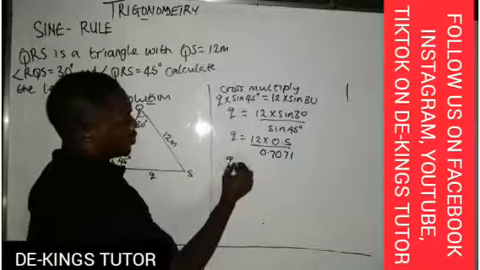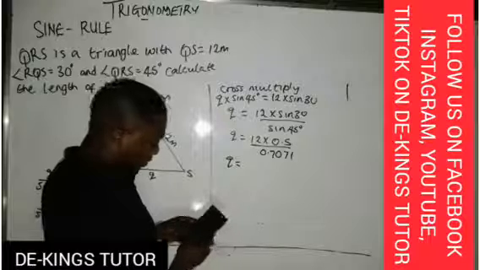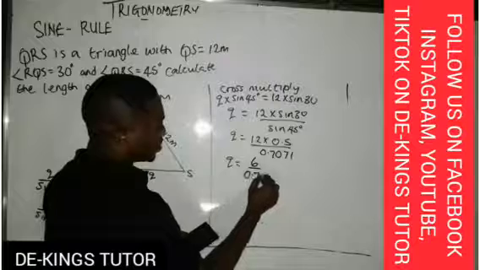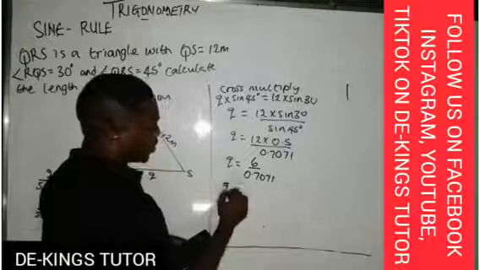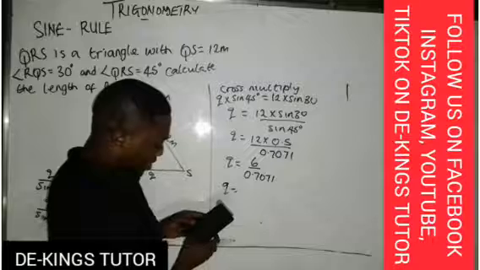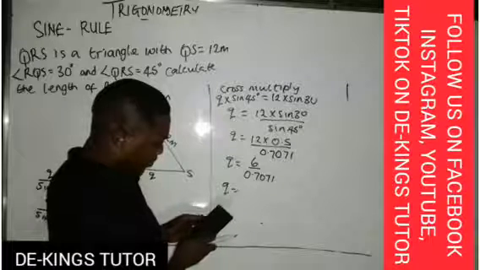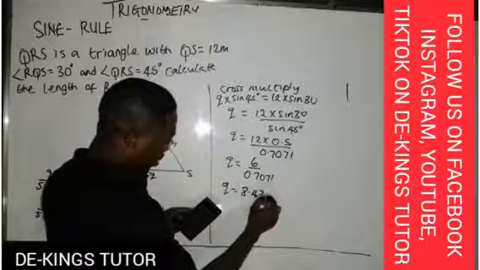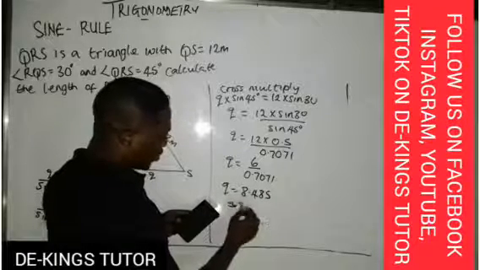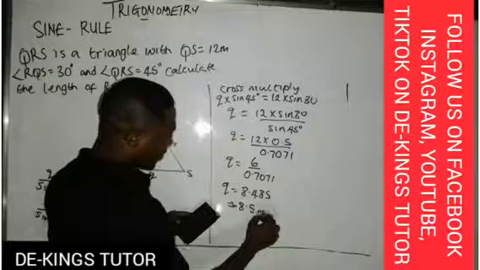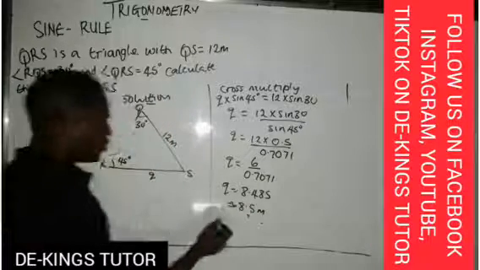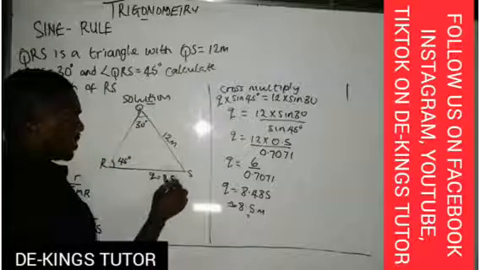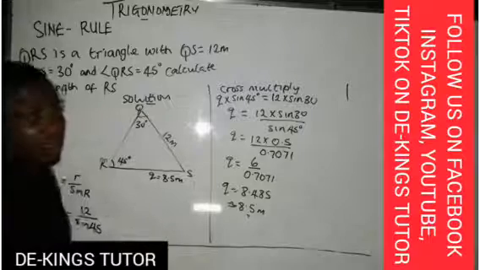So q is equal to 12 times 0.5, which is 6, over 0.7071. So q is equal to 6 divided by 0.7071, which gives us 8.485. We can approximate it to 8.5 meters. So our q, which is this side, is 8.5 meters.